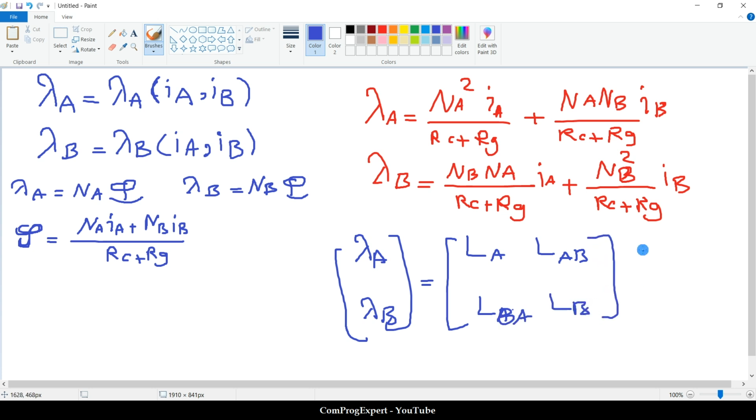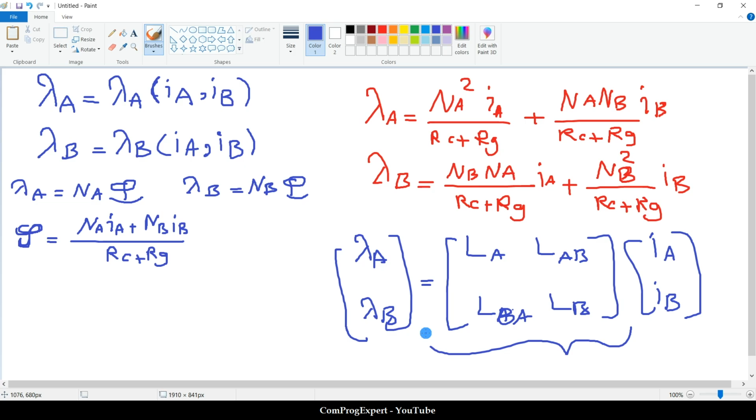And this is IA and this is IB. This is the inductance matrix, like the matrix that we define in ANSYS Maxwell.